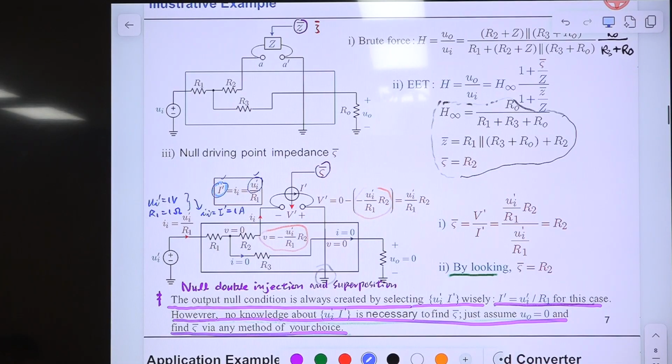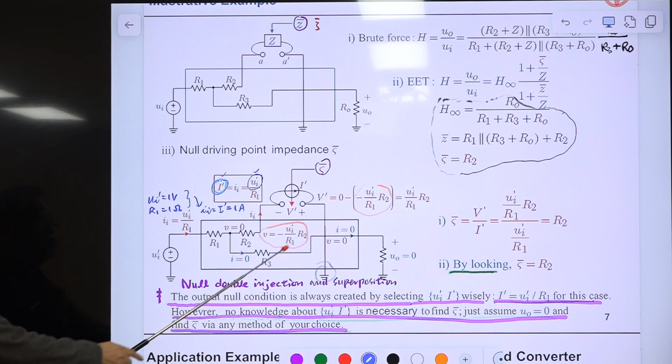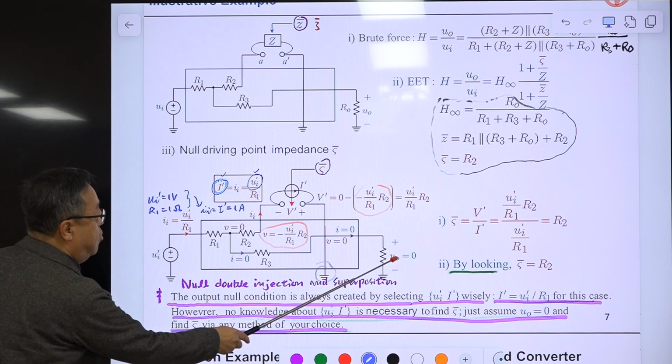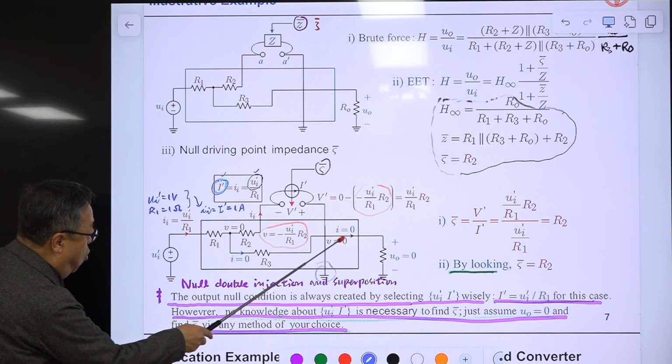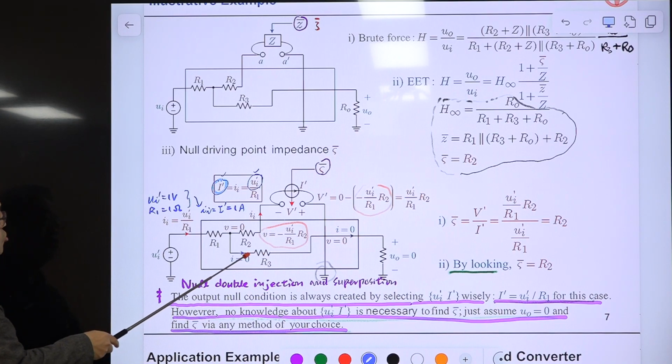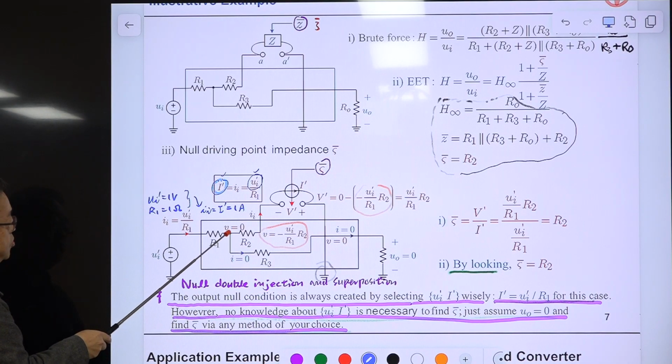And an additional comment is about this null driving point impedance. Maybe you think it is very strange or are not comfortable with this output null condition. We assumed this voltage is 0, then I should be 0. Then this is the only one current path. This I should be 0. Potential here is 0, then potential here should be 0.